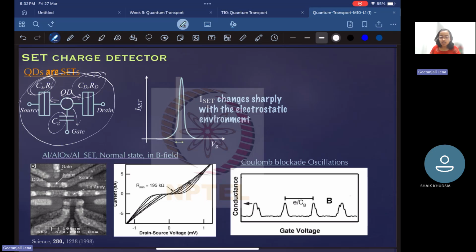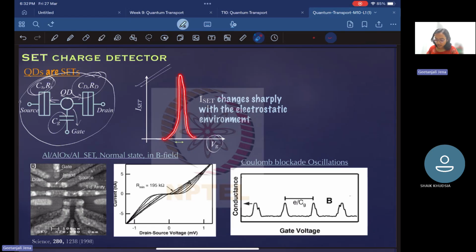Because they are Coulomb blockade devices, if you look at this figure, when we change the gate voltage, there will be a Coulomb blockade oscillation whenever the condition is satisfied. That means we'll see a peak in the current.